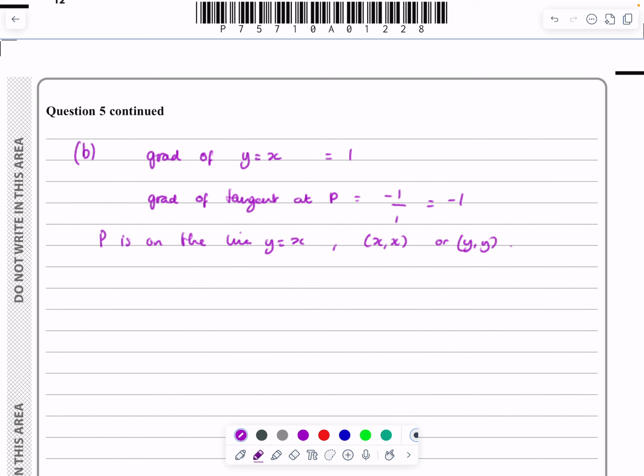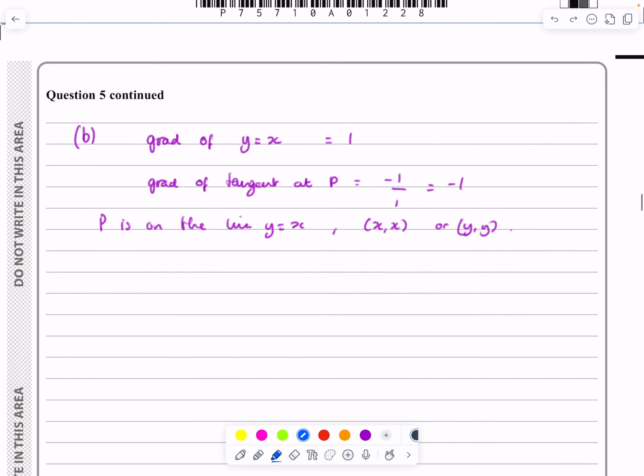And because I know the gradient of the tangent is there, what that then means is if I go back to my dy by dx, which was 2x minus 8xy all over 3y squared plus 4x squared, I know that that is going to be equal to minus 1 at this point.